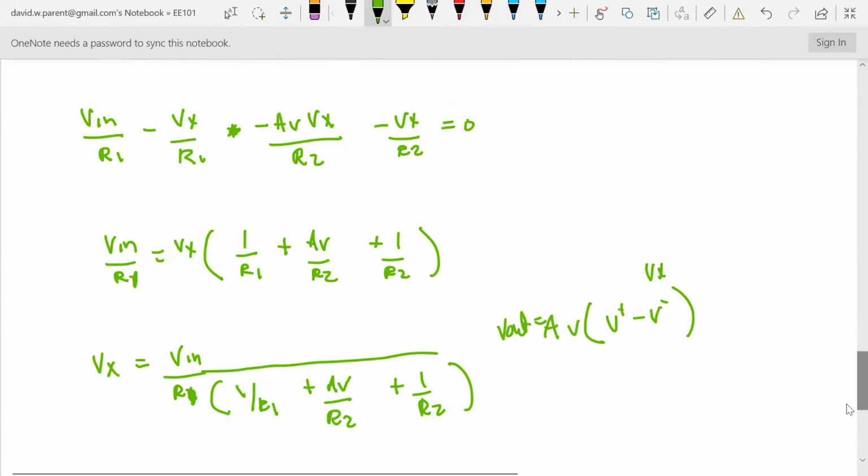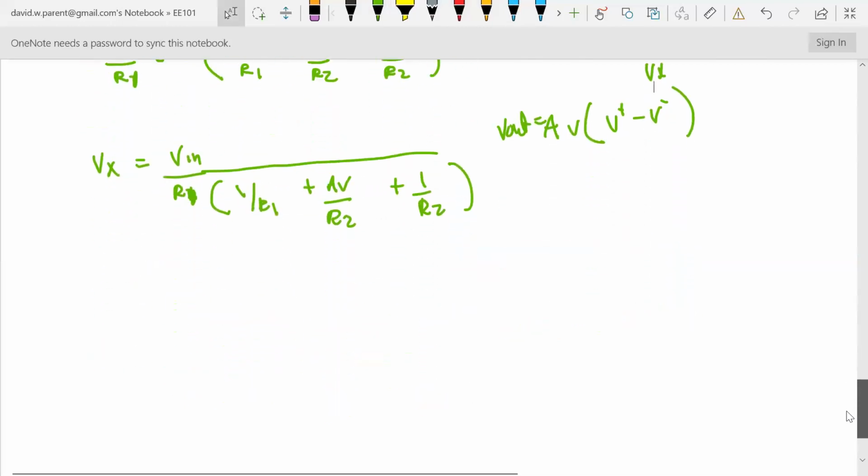So if I told you the open loop gain is 1,000, and you knew all these resistor values, and you knew what Vin was, that would be your Vx. This would be 0 in that configuration. Then you multiply it through by AV, and you would actually calculate an accurate value for V out. But we're using the ideal op-amp, so that means the open loop gain is going to go to infinity.